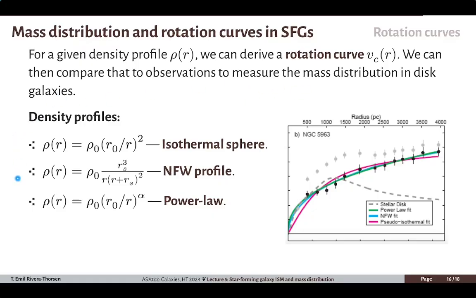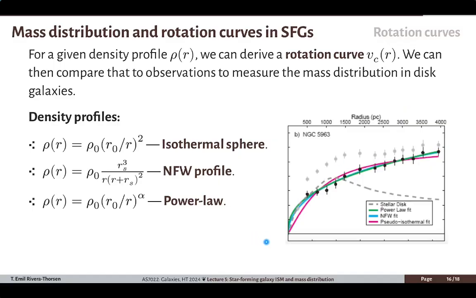So here are some examples of relatively simple theoretical density profiles. This here is the isothermal sphere. Here we have a simple power law, and in the center we have a so-called NFW profile. None of these are perfect descriptions of real-life systems, but they are, as we can see over here to the right, not super far off either.